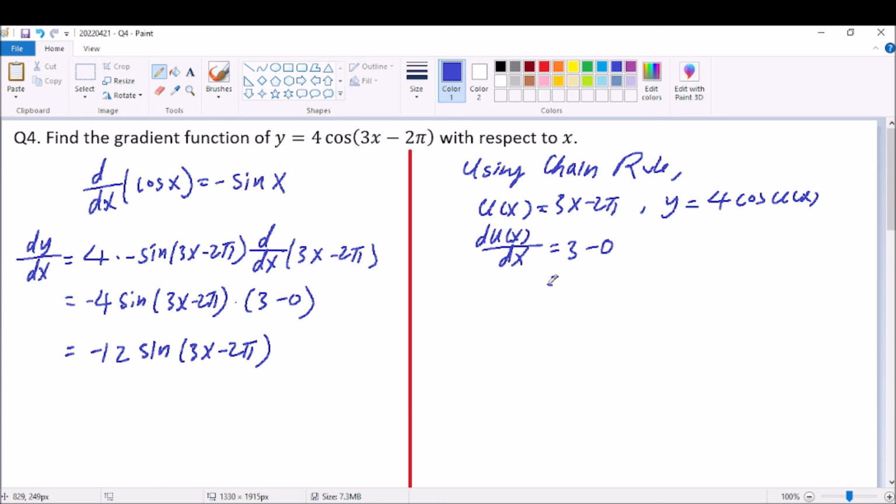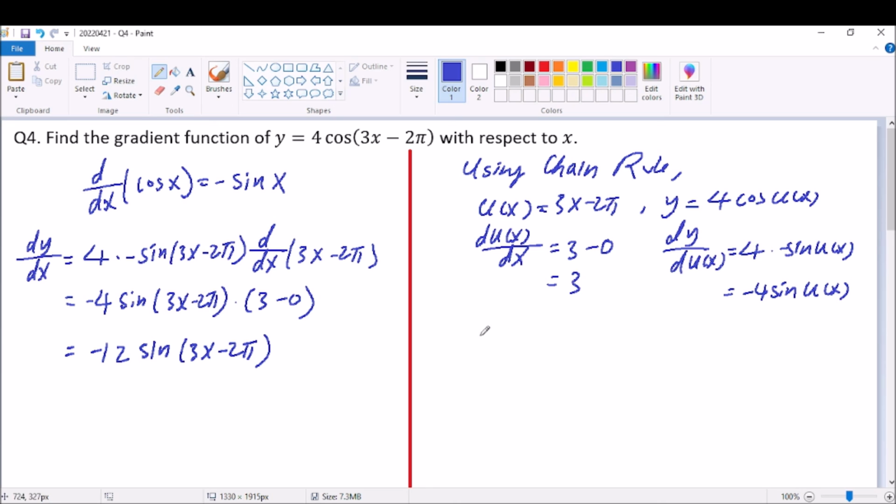When I differentiate, dy over du, I get 4, differentiate cosine is minus sine u(x), so it's minus 4 sine u(x).